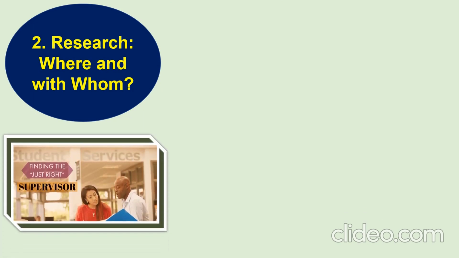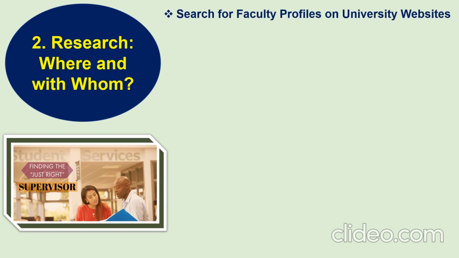The next step is to look for a university or a person with whom you can conduct your research. So it's time to find the right supervisor at the right university. For this, you have to follow some steps. First, you will have to search for the faculty profiles on the university websites.